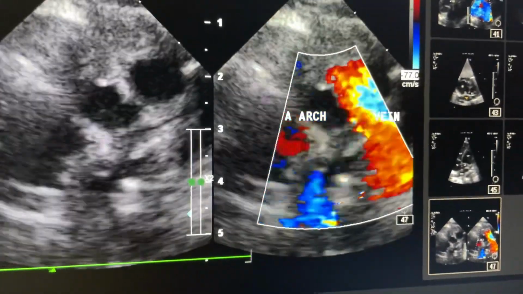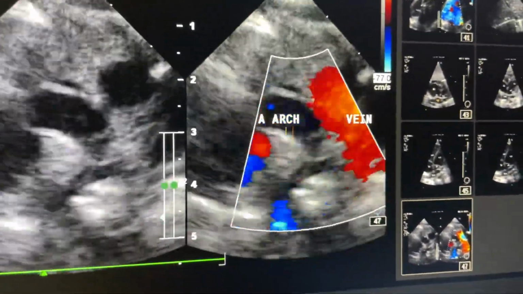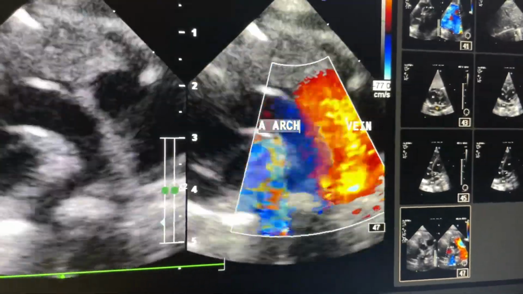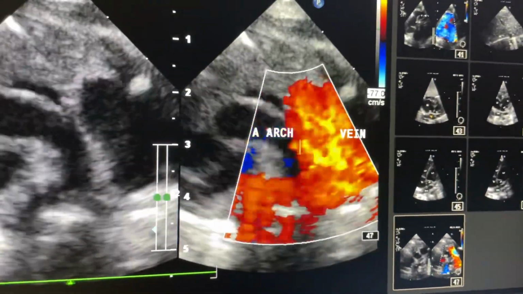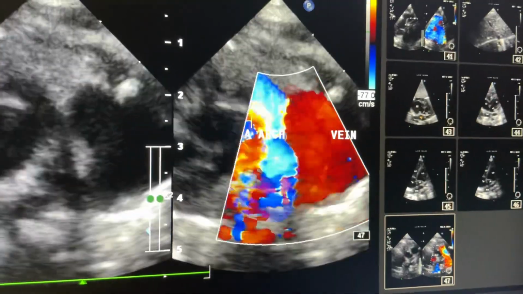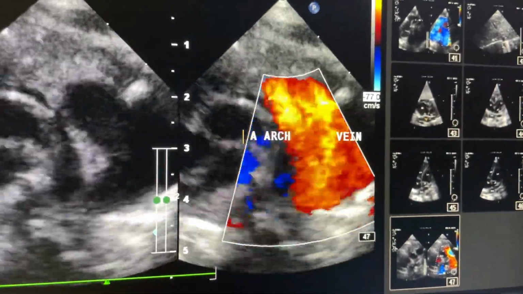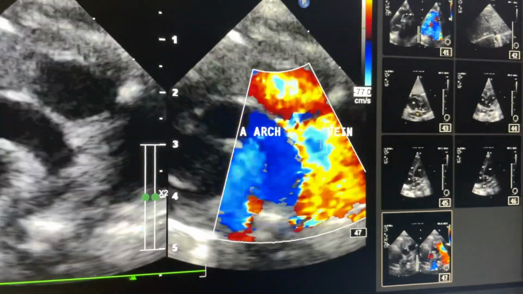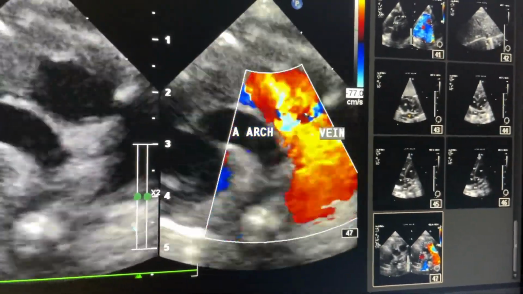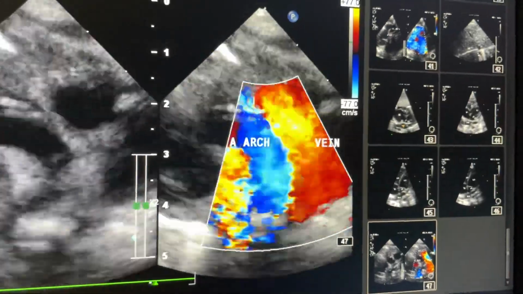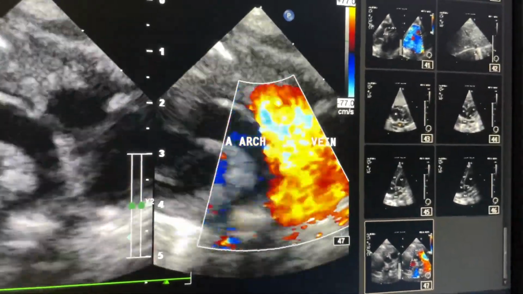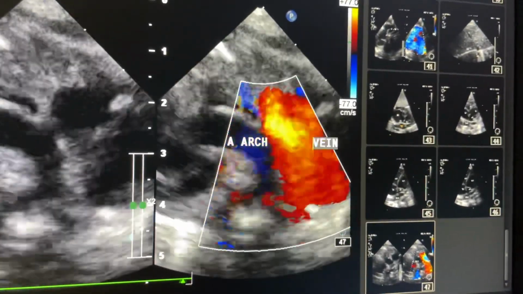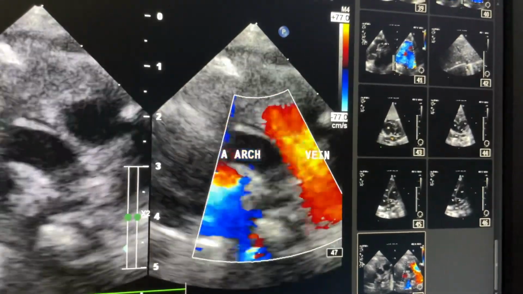One more thing is also important. This is the aortic arch and this is the descending part of the aortic arch, which has blue flow. In that normal flow, the blood is going away from the probe, that means from the arch it is going into the descending aorta. So whenever you see any flow just beside, just to the left of this descending arch, that is red in color, that always means abnormal pulmonary venous communication.